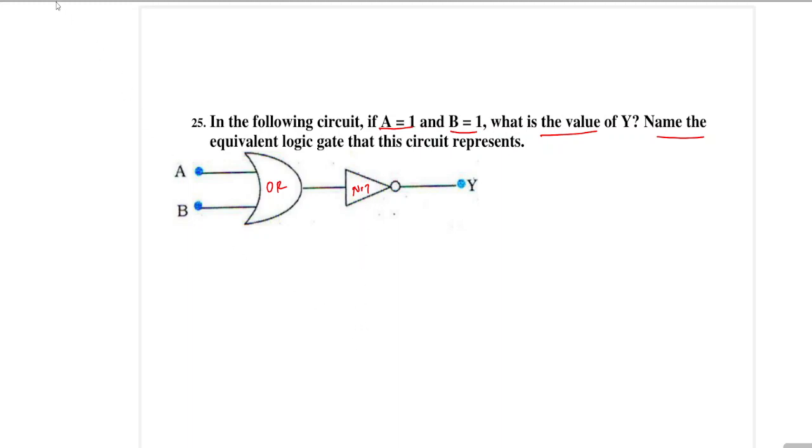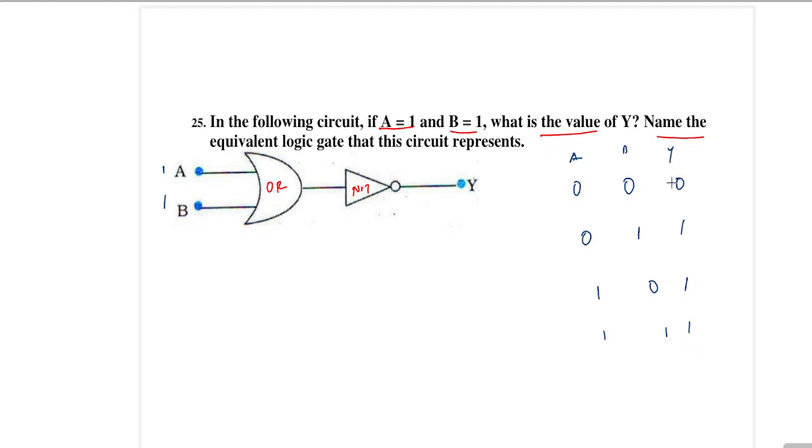Both A and B are given input 1, which means high. For an OR gate, the output is 1 even if one input is 1. That is, if you have 0 and 0, the output Y will be 0. If 0 1, it will be 1. 1 0 gives 1. 1 1 gives 1.